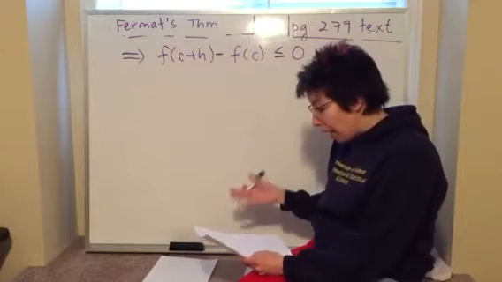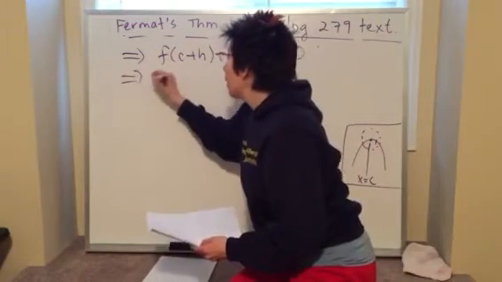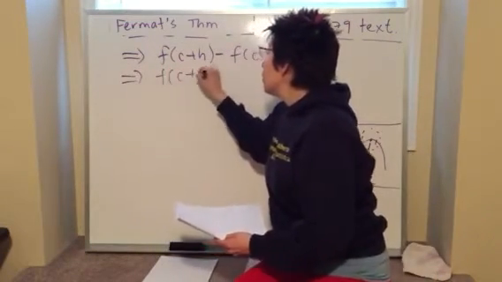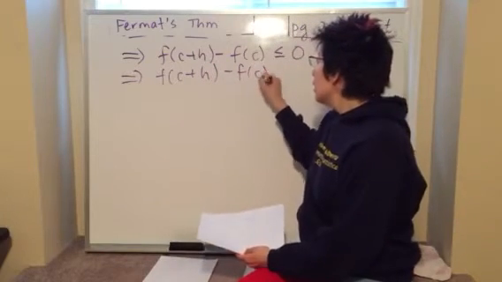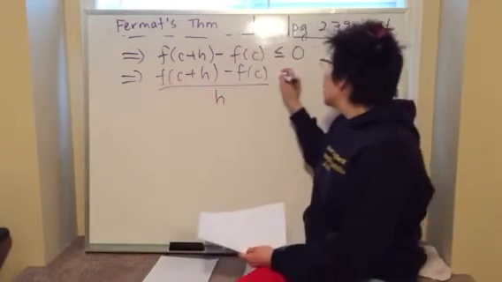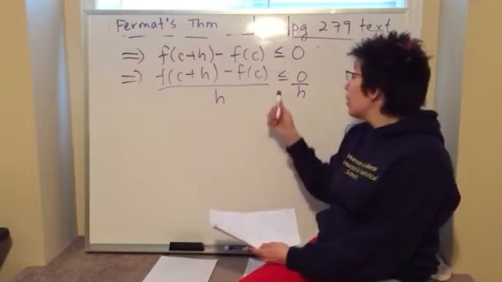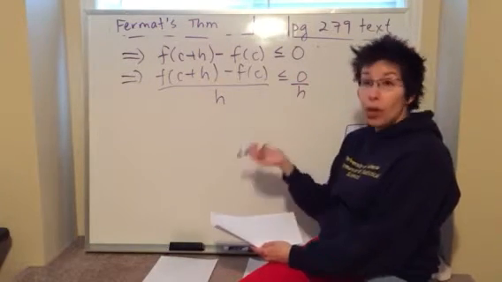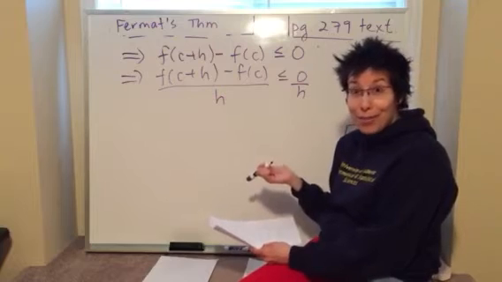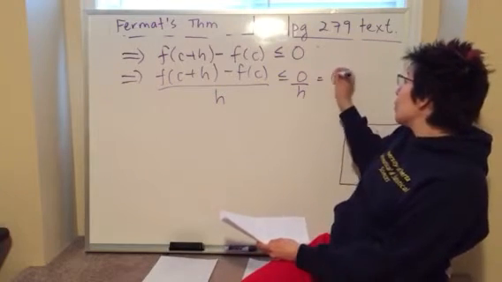And now we're going to divide by h, obviously, to continue to mimic that. So therefore, f at c plus h minus f at c all over h is still less than or equal to 0 over h. Nothing happens to this inequality since h was positive, right? So that's equal to 0 over here.